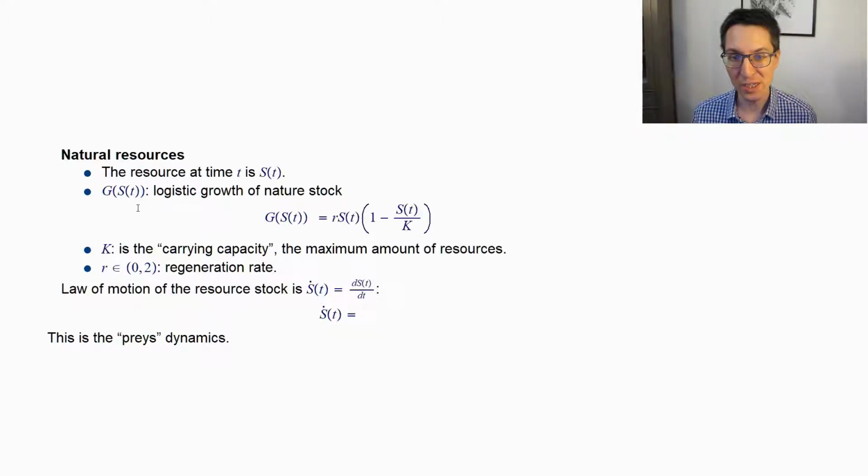We label G of S of t the logistic growth of the stock of nature. So it has the familiar form G of S of t equals R S of t, which multiplies 1 minus S of t over K, where of course K is the carrying capacity, the maximum amount of resources in the long term if resources grow and there is absolutely no extraction, no exploitation of the resource.